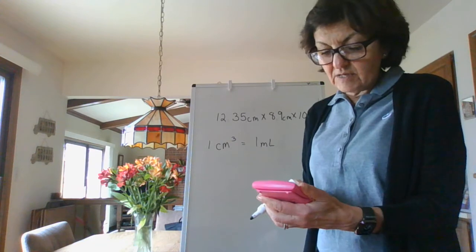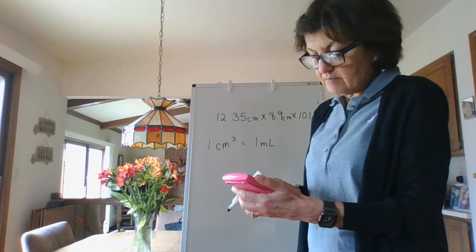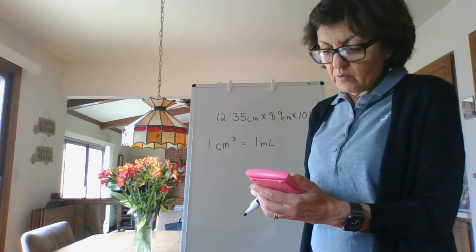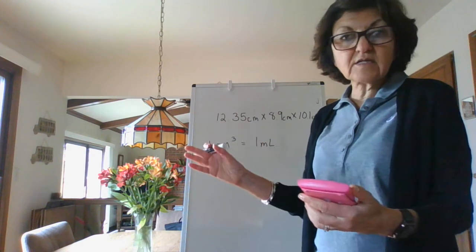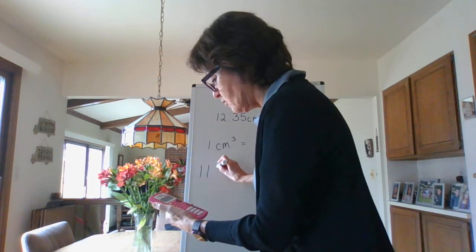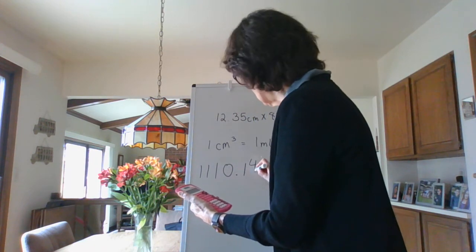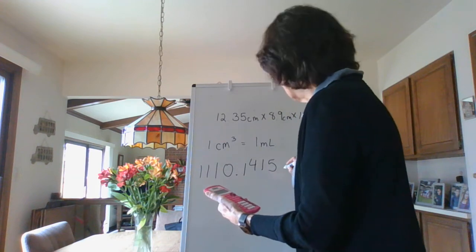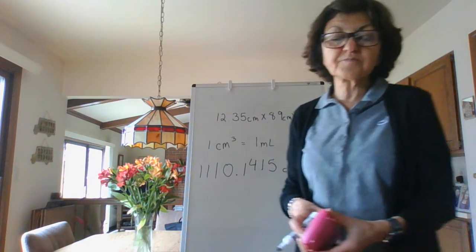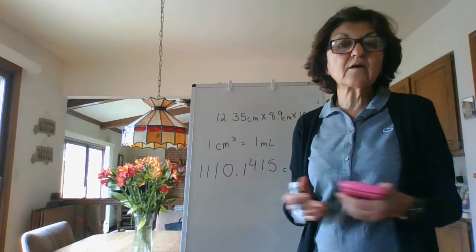All right, so I'm going to put these numbers in. 12.35 times 8.9 times 10.1. Okay, so I put all these numbers in, and what do I get? I get 1110.1415 centimeters cubed. Always put your units there. You're not allowed to leave that number that way.